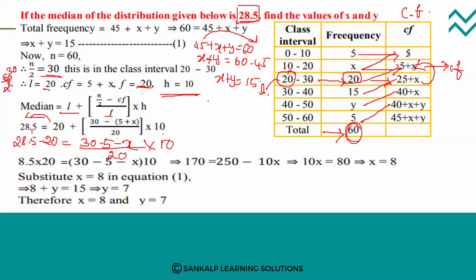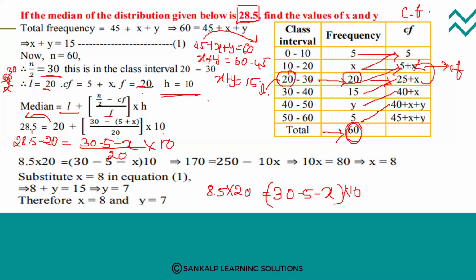Now 28.5 minus 20 is 8.5, right? Now transfer this 20 to this side, then it is 8.5 into 20 is equal to 30 minus 5 minus x into 10, right? Into 10.